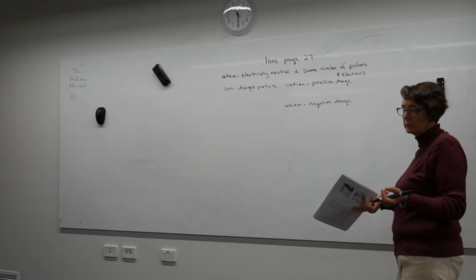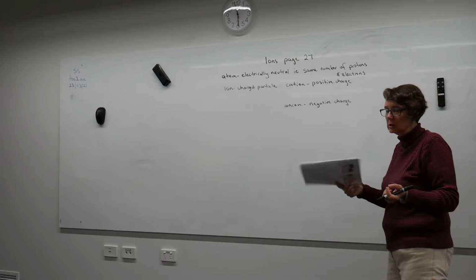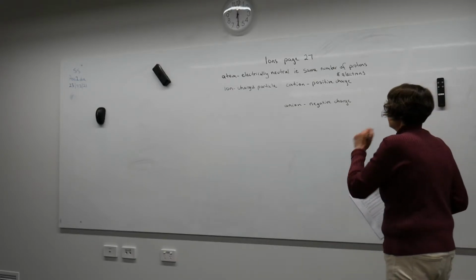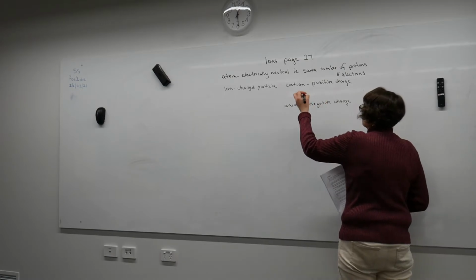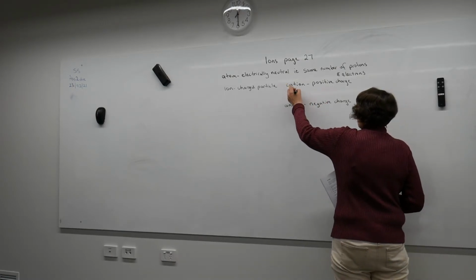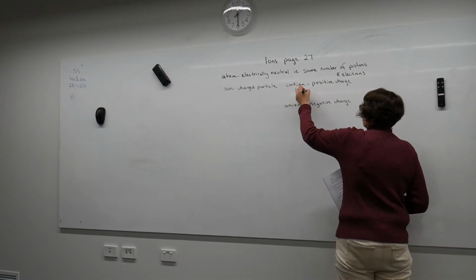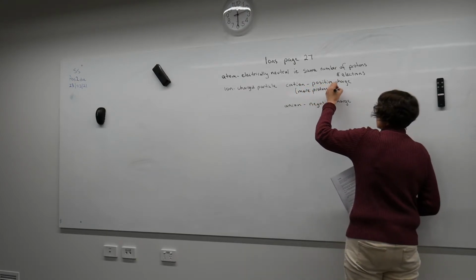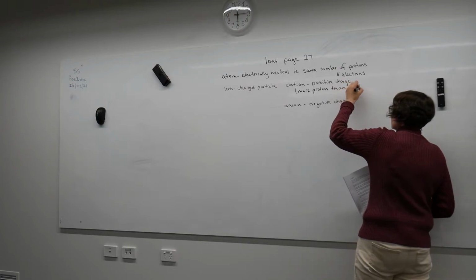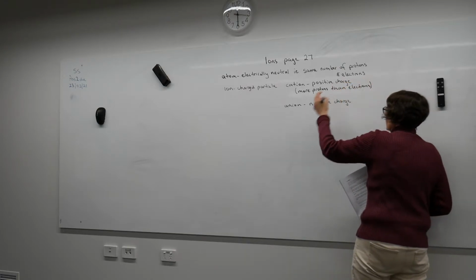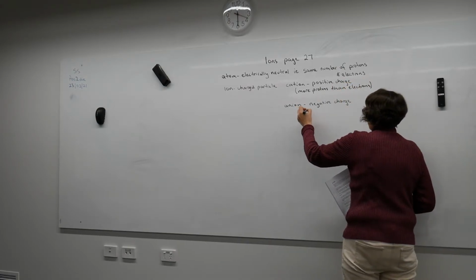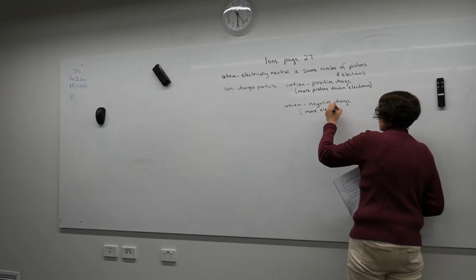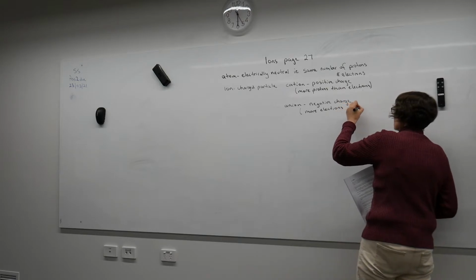They don't just wander around by themselves or disappear. They have to go from one substance to another. So a cation has more protons than electrons, and an anion has more electrons than protons.